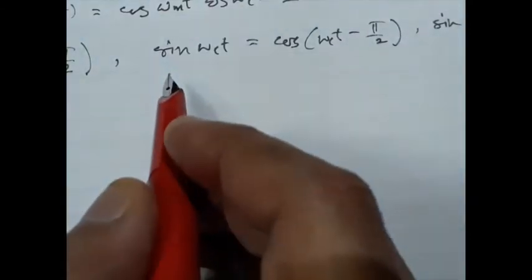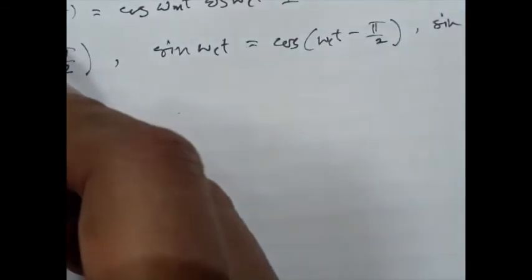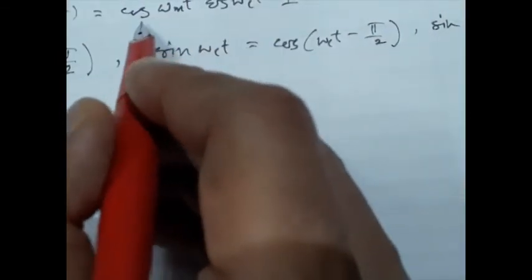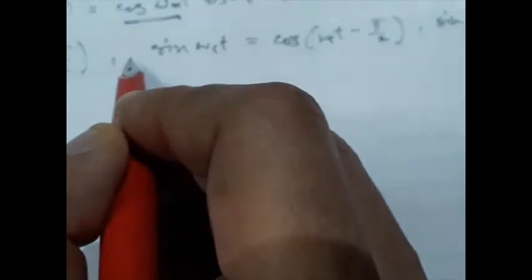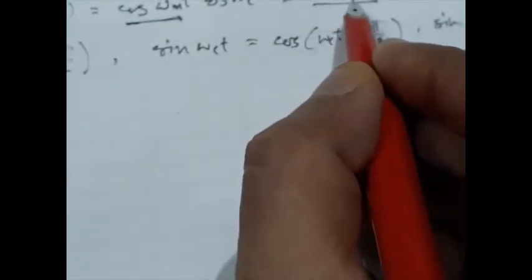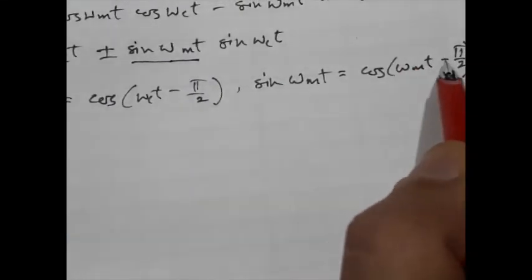Now if we want to write a general expression for SSB-SC, then this cos omega mt was our original message signal, and here we have sin omega mt in the expression, and we are getting sin omega mt from cos omega mt by a minus pi by 2 phase shift.